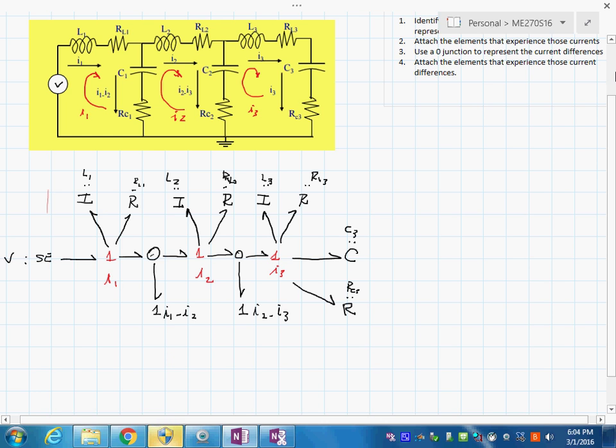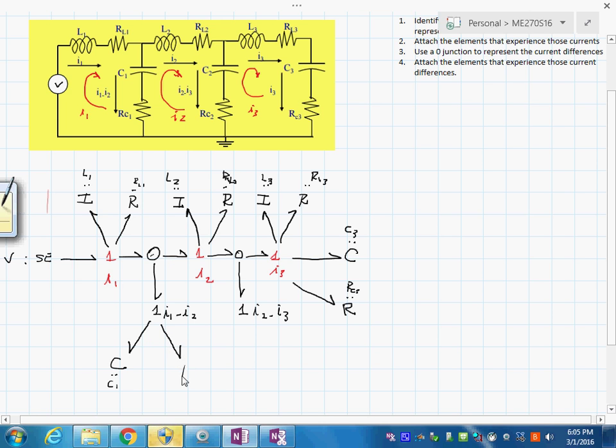In here we will have the element C with value C sub 1, and on this other one we will have the R element with value RC sub 1. You can put any name that you want, as long as it makes sense to you and is easy to reference.